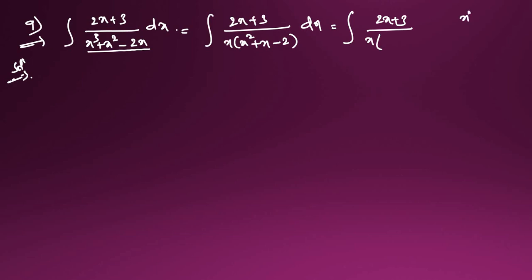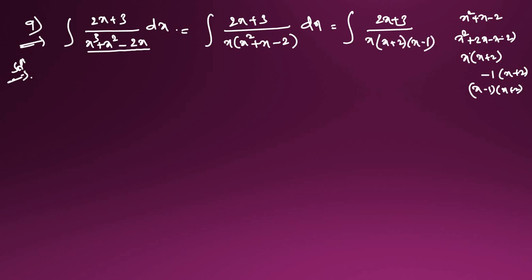So x square plus x minus 2 is x square plus 2x minus x minus 2. One x is common to x plus 2, minus 1 common to x plus 2, so it becomes (x minus 1) into (x plus 2).